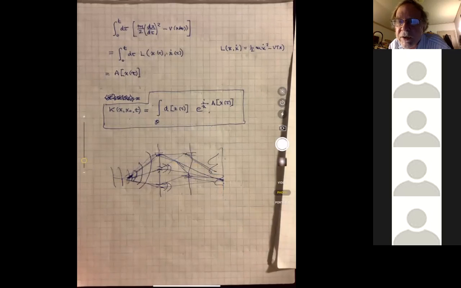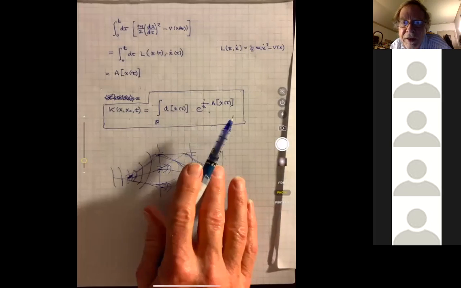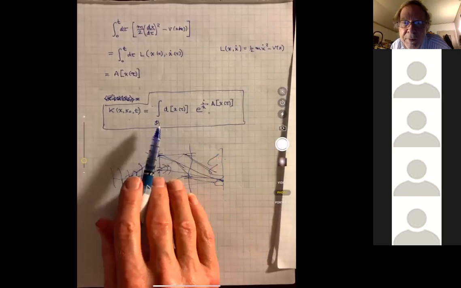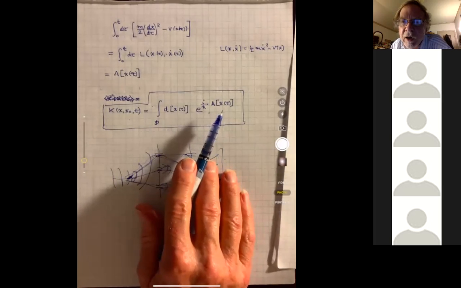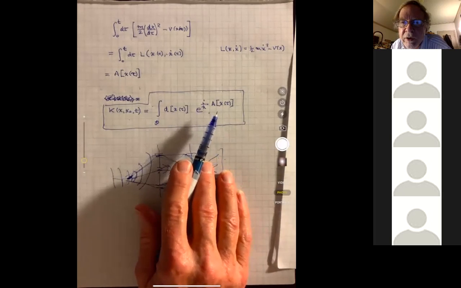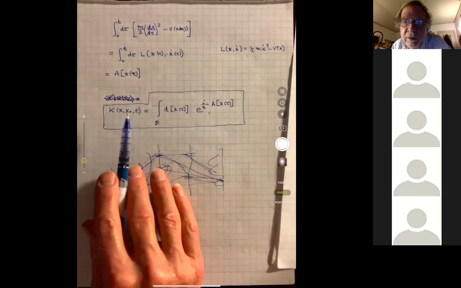And the answer is this. It comes from the fact, as I mentioned earlier, that probabilities are the squares of the amplitudes, which are the sums of the constituent amplitudes. So if we have a path x of t in this very large path space, which is largely in phase with its neighbors in path space, then the phase factors that appear here constructively interfere with one another and make a larger contribution to the result.